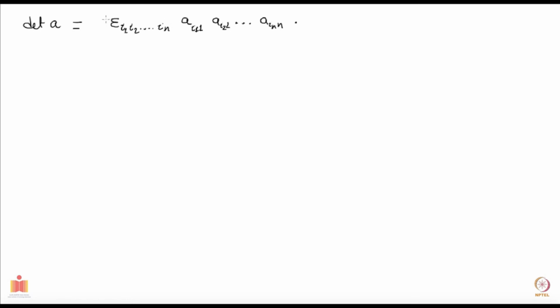This totally antisymmetric tensor epsilon 1 2 3 up to n is defined to be plus 1, and whenever you interchange any two indices you pick up a minus sign. And A I1 1 and so on are the matrix elements of the matrix A. That's what I'm going to use here.